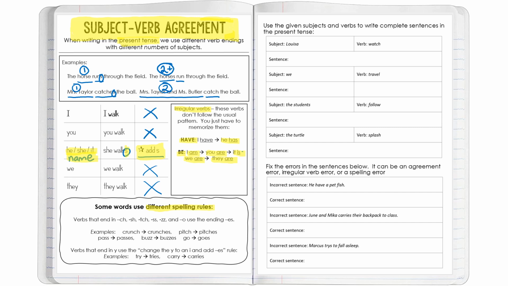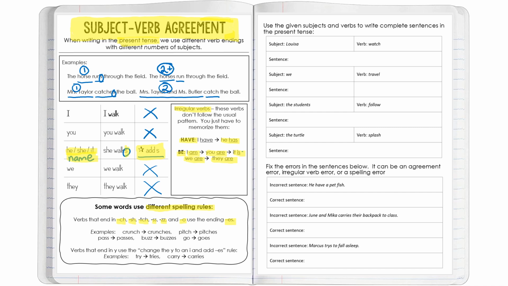So let's explore those. The verbs that end in ch, sh, s, x, and o, all of those verbs are going to have to use the ending ES. So in these ones, we don't just add an S, we add an ES. And let's look at some examples below.